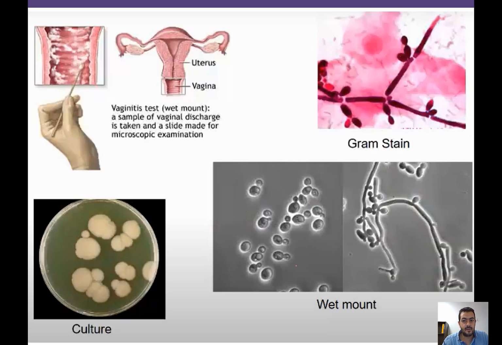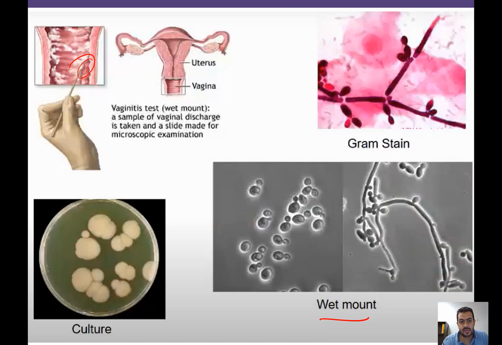So here is a slide summarizing that we can take a specimen from the vaginal discharge. We will do it in a wet mount, and we will examine if we see this hyphae structure. If you remember, the yeast can exist in both the mold structure and the yeast structure. We have something called dimorphism, so they exist in both forms depending on the temperature.